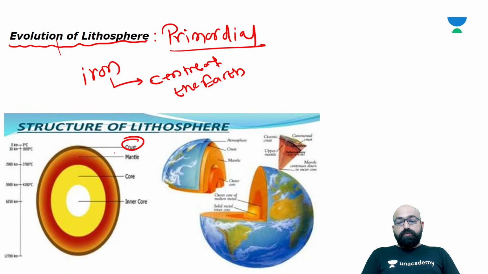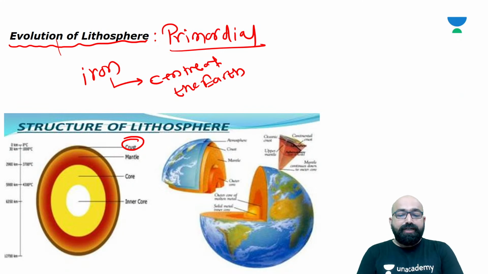During the formation of the moon, due to the giant impact, the earth was further heated up. So in the process of differentiation, the earth forming material got separated into different layers.